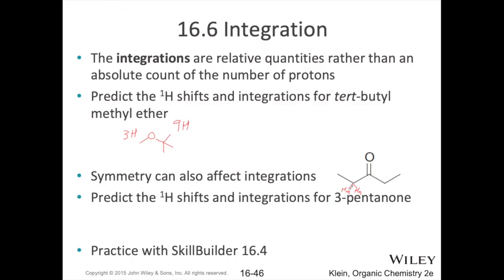These two are going to be homotopic with these 2 protons over here as well. And then we've got a methyl group here, which we'll call HB. These are all the same, and these are homotopic with these 3 over here. So HB has 6 protons, whereas HA is going to have 1, 2, 3, 4 protons.